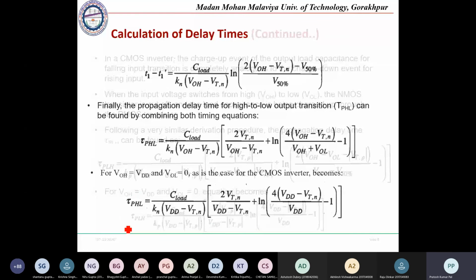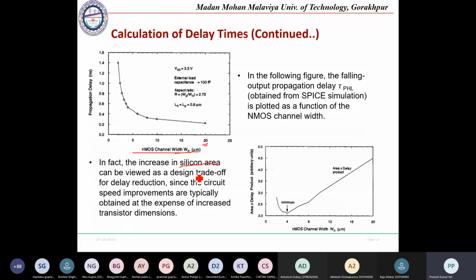And similarly, once we increase the width, there will be a disadvantage. If we consider the area, how much silicon area it will take to design a particular circuit, once we increase the width, it will have a higher area consideration.